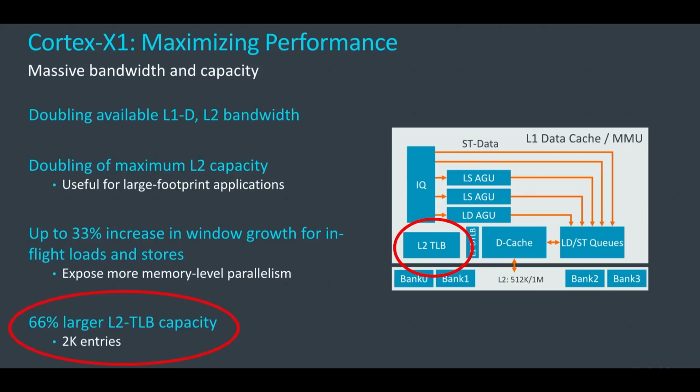And if you look over here, one of the ways they improved the performance of the X1 was to offer a larger TLB. It's now got 2,000 entries in it, and that's 2,000 entries, of course, for every 4K page. So trying to increase the number of times you get a cache hit in the MMU, so you don't have to go and travel all those tables to get you the next address translation.